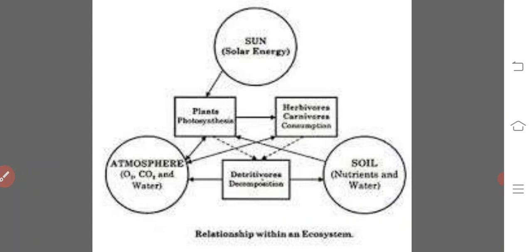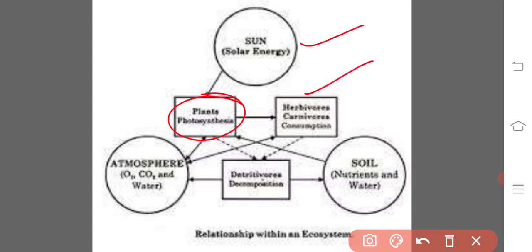So this is a relationship within the ecosystem. Here, the solar energy is absorbed by the plants through the process of photosynthesis. It is transferred to the herbivores, carnivores, as well as the other top carnivores. And here there is a relationship between the animals and plants and the atmosphere, like the oxygen, carbon dioxide, and the water.